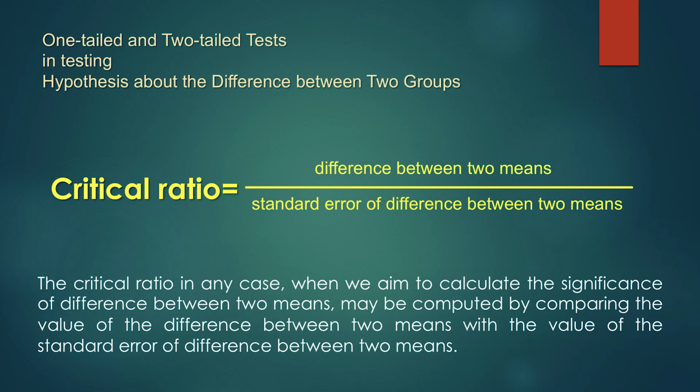The critical ratio in any case, when we aim to calculate the significance of difference between two means, may be computed by comparing the value of difference between two means with the value of the standard error of difference between two means.